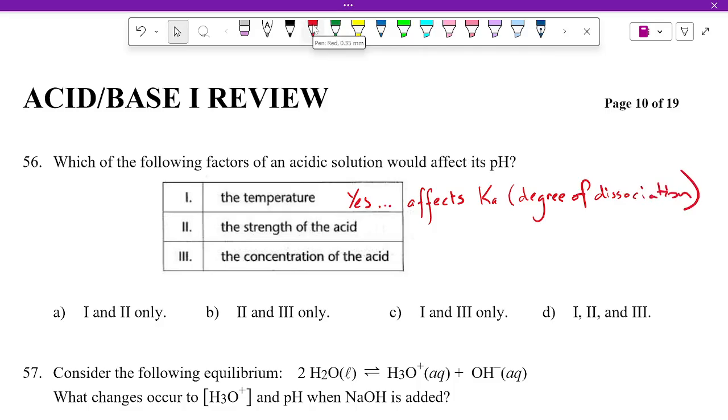Does the strength of an acid affect its pH? Yes. Does the concentration of an acid affect its pH? Yes. So that would be D, 1, 2, and 3.